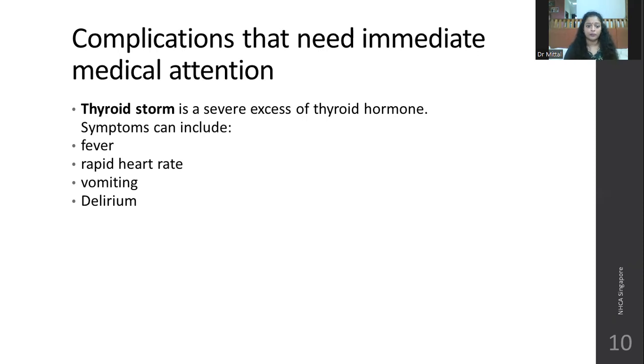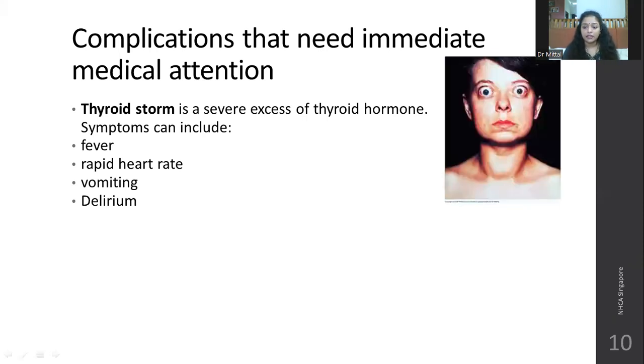The patient's eyes will bulge out, and they stay in a state of excitability, with a very stoic expression, not much expression. This is how a thyroid storm may look. The same kind of thyroid storm can also take place in Hashimoto's disease.